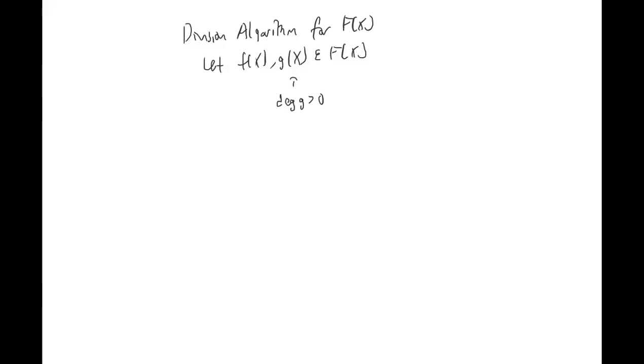It's pretty obvious, because f of x is like a_n x^n plus ... plus a_0, and g of x is just some number c. Then you're just multiplying by 1 over c.